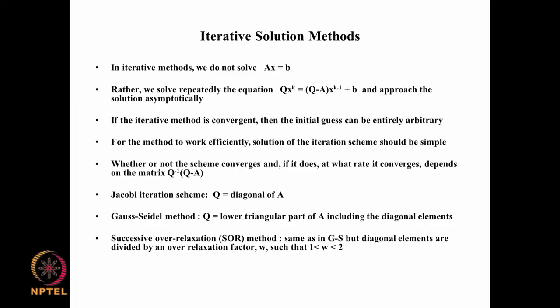We can have an explicit way of calculating successive values of xk from xk minus 1, and not only that, we have a fairly simple, robust rule for checking whether, for a given Ax equal to b, the Gauss-Seidel method or Jacobi method will work, in the sense that whether or not they lead to a convergent solution.